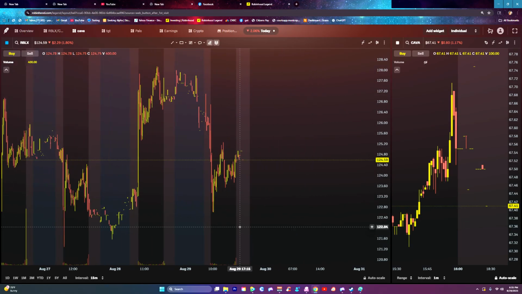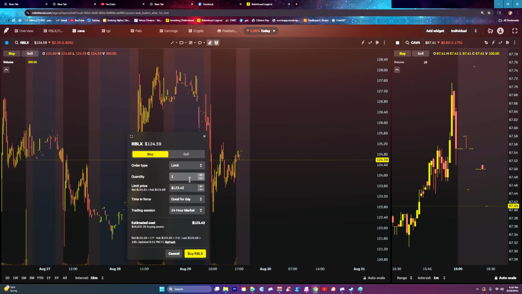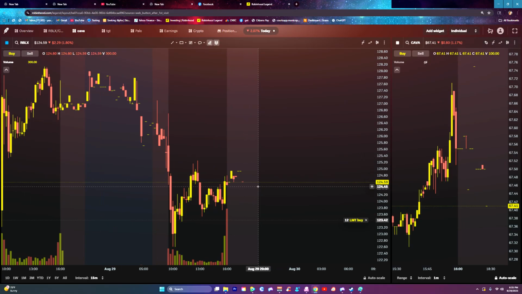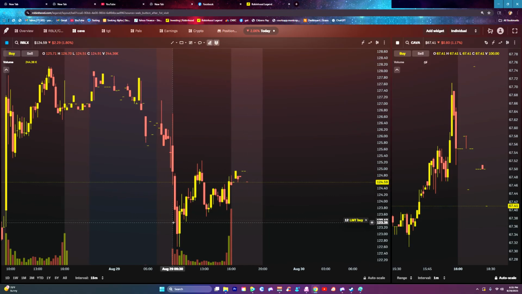So because the moves tend to be large, it's easier to predict in confidence. If I were to buy here, let's say I were to buy 12 shares right there. Now, it's not going to go through right now, because this is where price is currently at, but let's just pretend none of this stuff is here and price is right here.